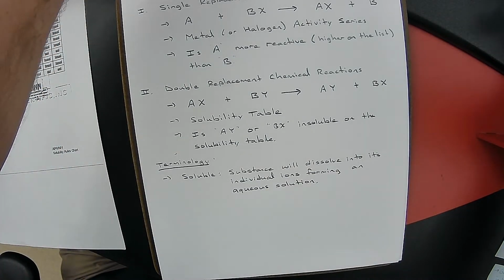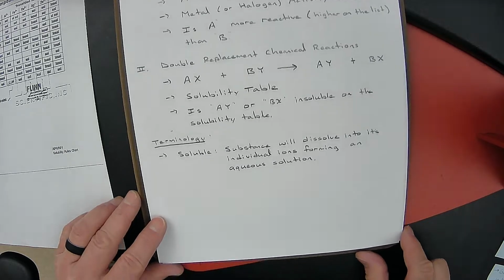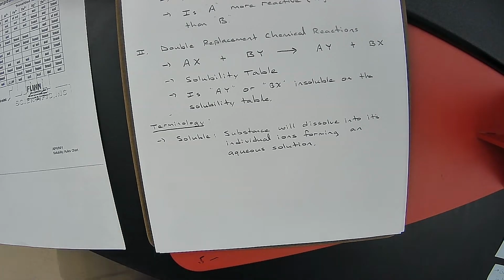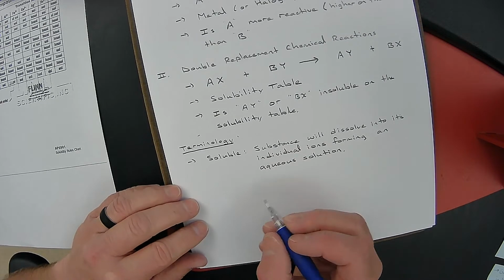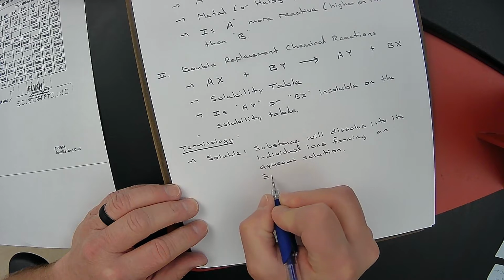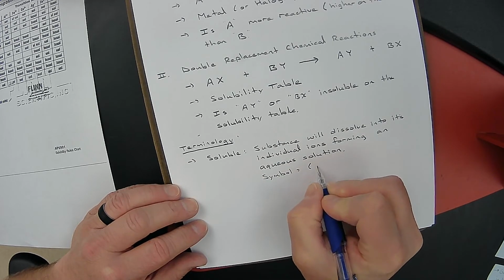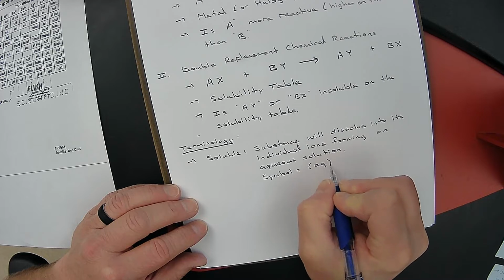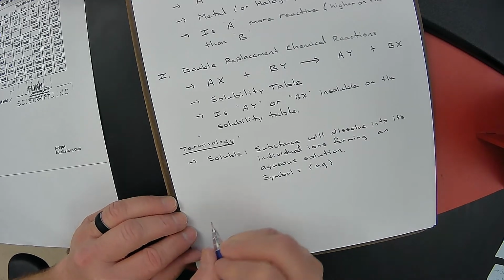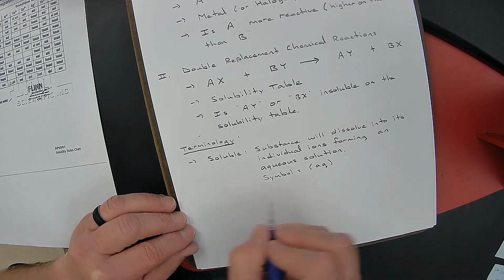So if the substance we're dealing with is soluble, that just indicates to us that it will dissolve into its individual ions, forming an aqueous solution. The symbol we use when this happens is AQ.